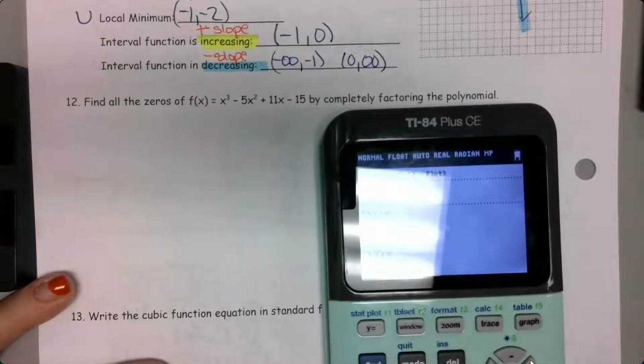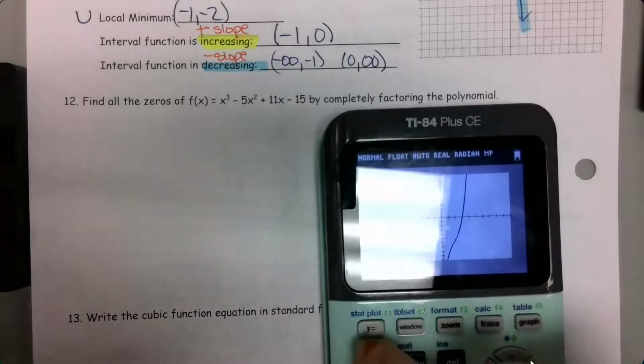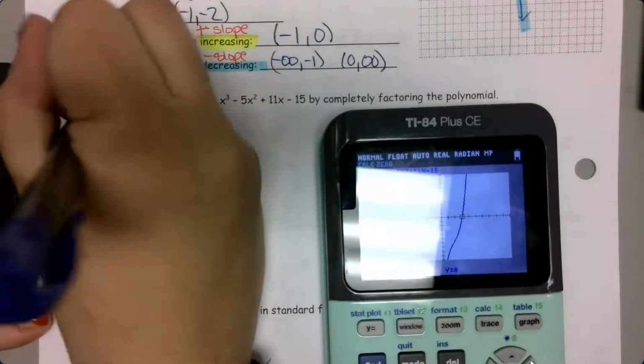I'm going to go x cubed minus 5x squared plus 11x minus 15. And then I just want to find 1 zero where it's crossing on my graph, so I'm going to go second calc, 0. I want to see my cursor on the left side, I press enter. I arrow on the right side, I press enter again. So I have an x at 3.